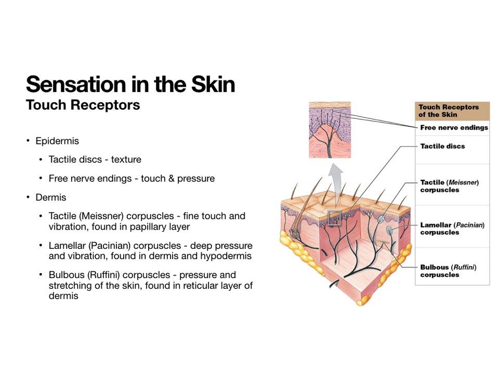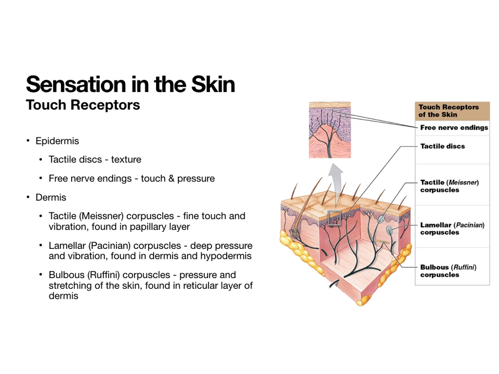So, for example, if you touch a soft, fuzzy blanket, the tactile discs are going to tell you the texture of that blanket, that soft fuzziness of it, and the free nerve endings are going to help you determine when you touch something, is it delicate? Is it more of a firm surface? How hard do you have to press down on that object to fully grasp its texture?